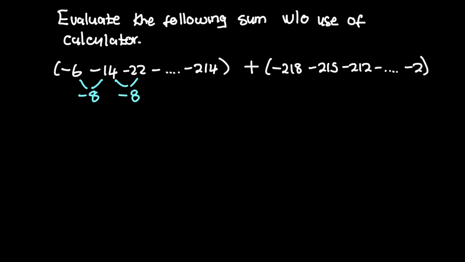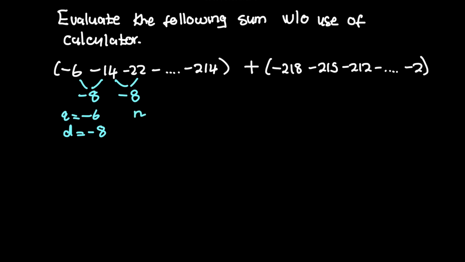It's important to analyze before you even start doing the question. As you can see, it's an arithmetic series. So we have our a, which is negative 6, and our difference is negative 8.